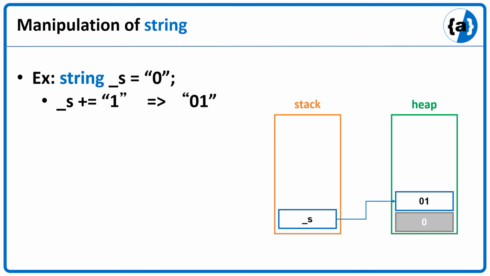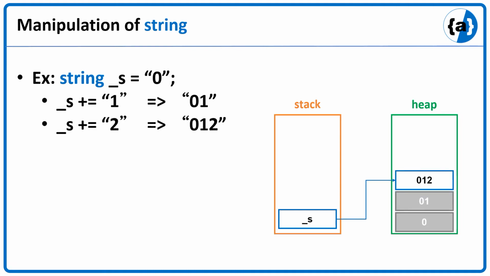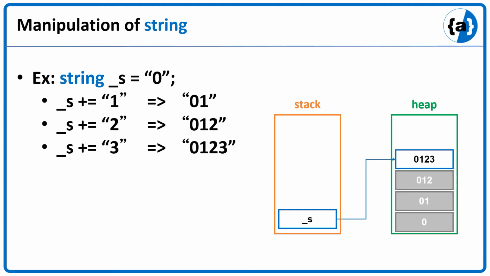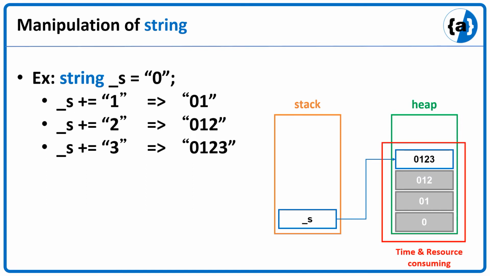What C# does is dispose of the previous space allocated to contain string 0, then allocate a new space to contain the new value, string 01. The more strings you concatenate to _s, the more memory space will be consumed. Therefore, concatenating a string type is a very time and resource-consuming task.